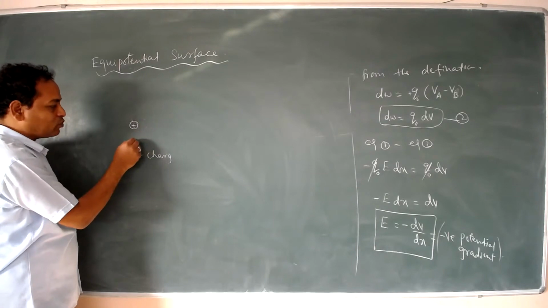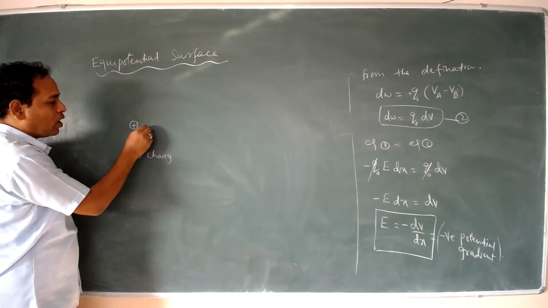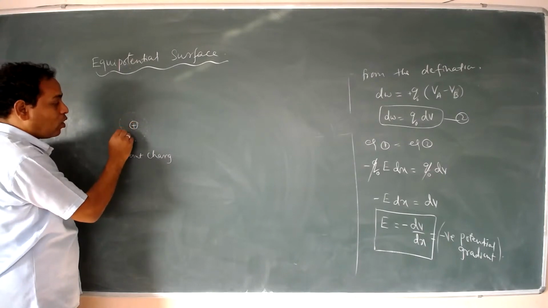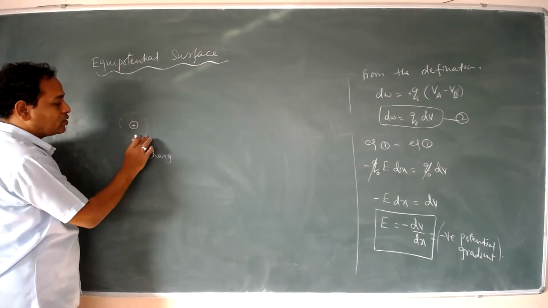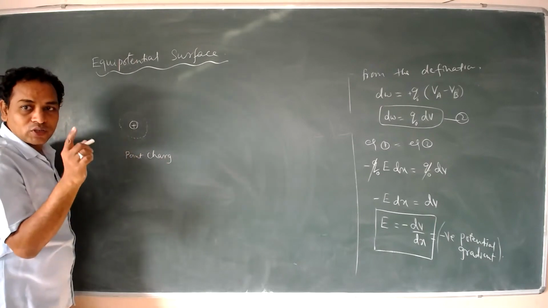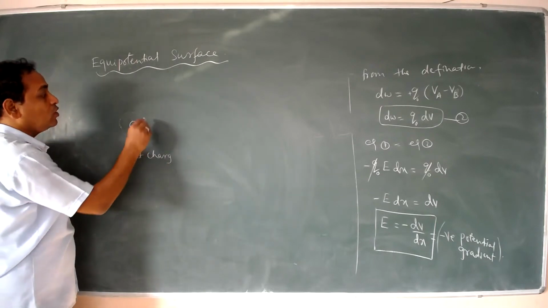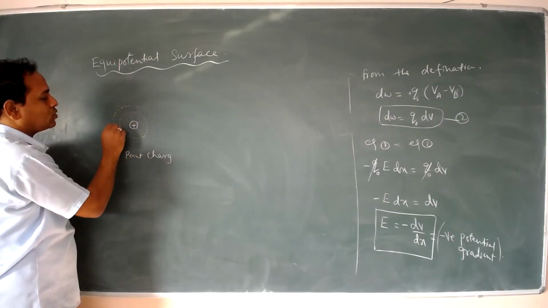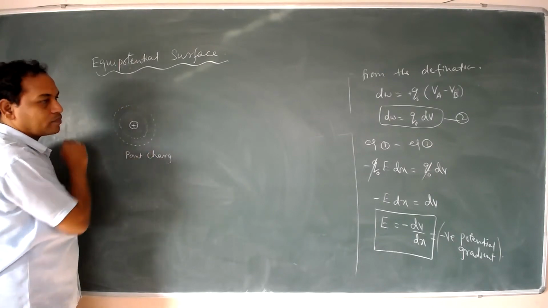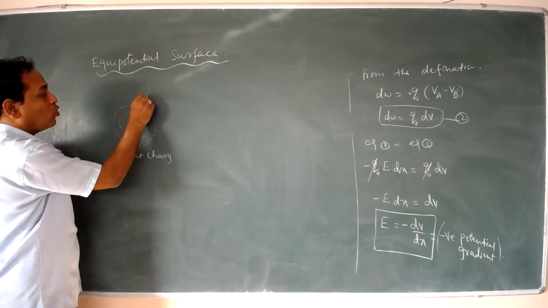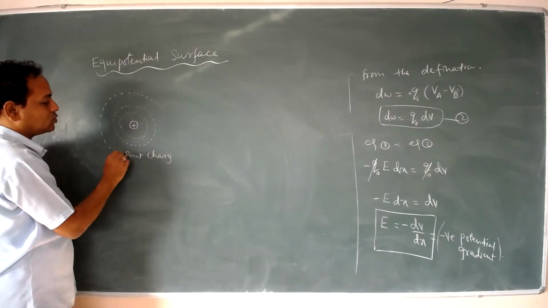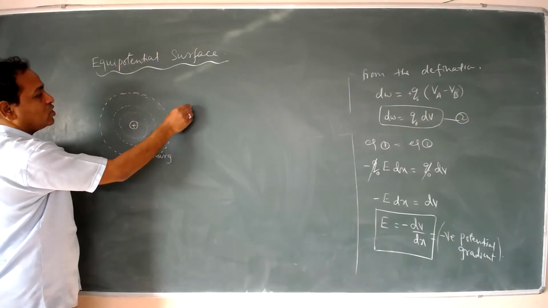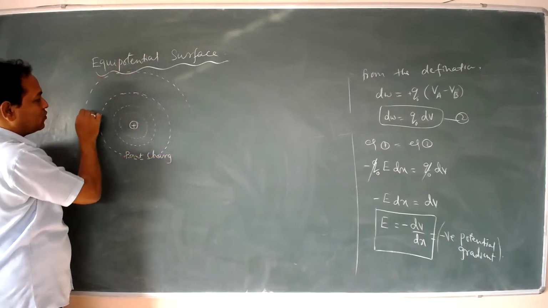So if I draw a surface around this charge of equal radius, then such a surface is said to be an equipotential surface. If you go next, this is one more equipotential surface, and next, this is one more equipotential surface.